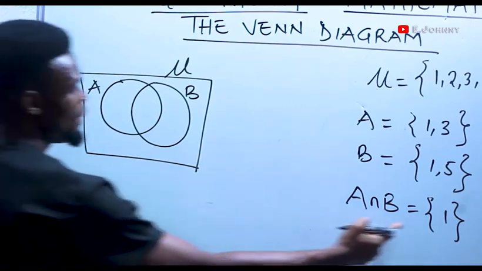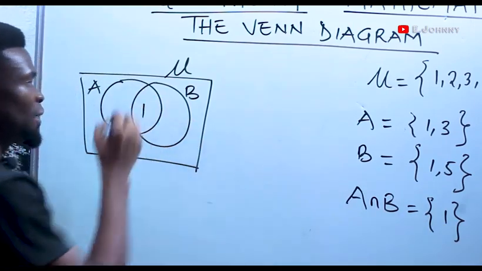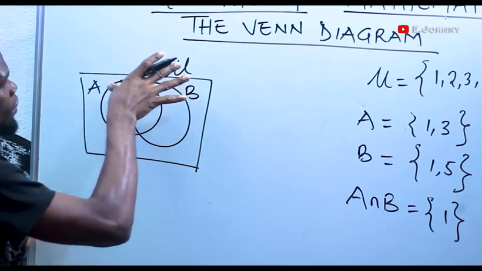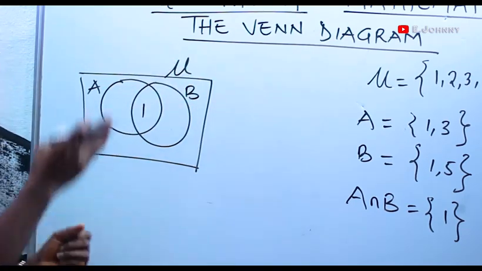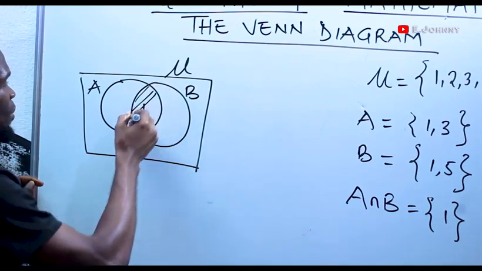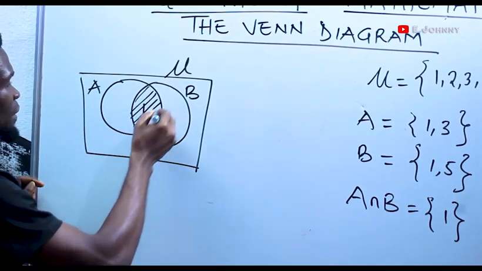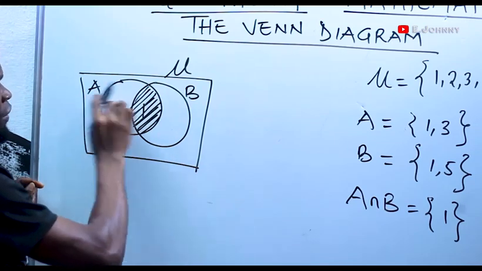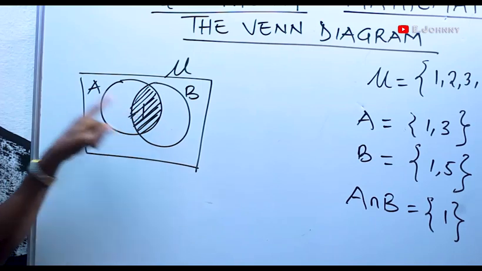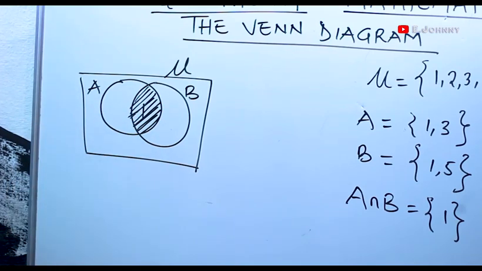That means that element 1 will be here. That's A intersection B. In a Venn diagram, we're interested in the shaded region. So if I shade this region, what I am talking about is the intersection of these 2 sets A and B. And of course, that shaded region is where we have the element 1.